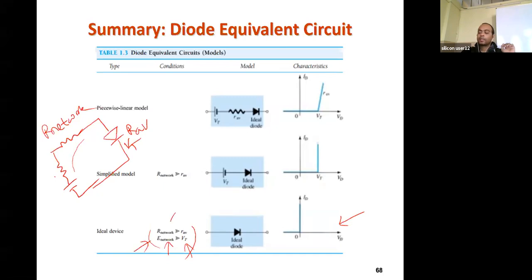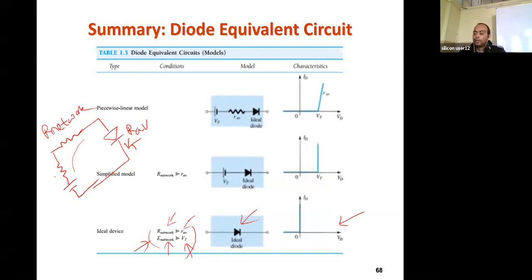Similarly, if the resistance of the other resistors of the network is larger than the average resistance of the diode, then also I can neglect that RAV part. So if the RAV part is neglected and the VT part is neglected, then the diode will be considered as an ideal diode.